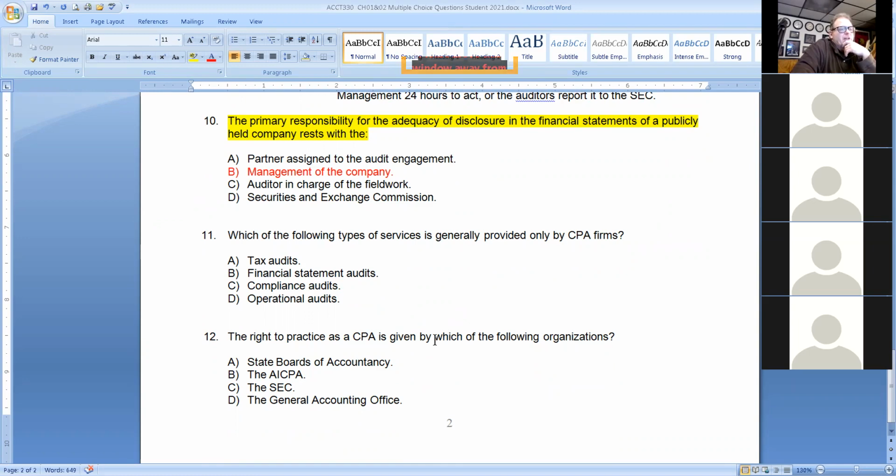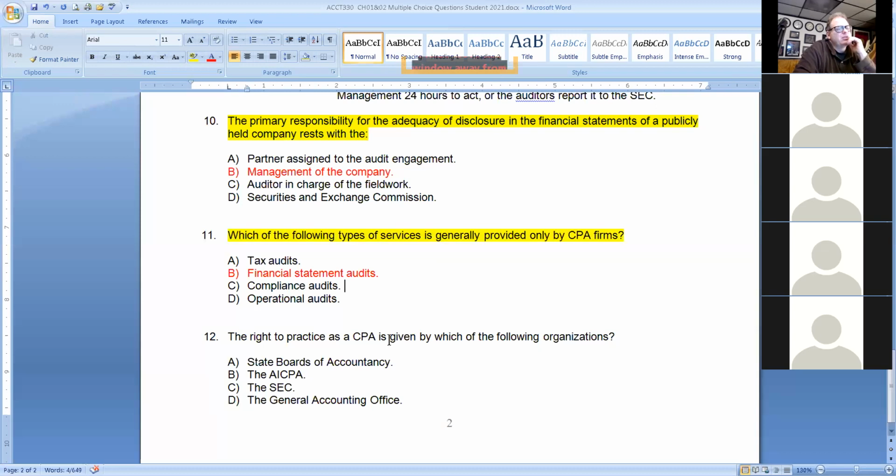Okay, 11. Which of the following types of services is generally provided only by CPA firms? A little bit of a tricky one. Operational audits. Actually, anyone can do these. Compliance audits and tax audits are kind of the same. This is it, the financial statement audit.